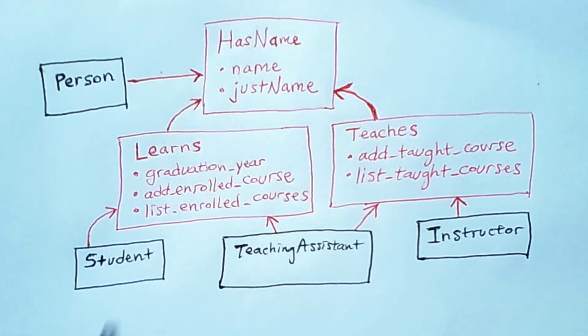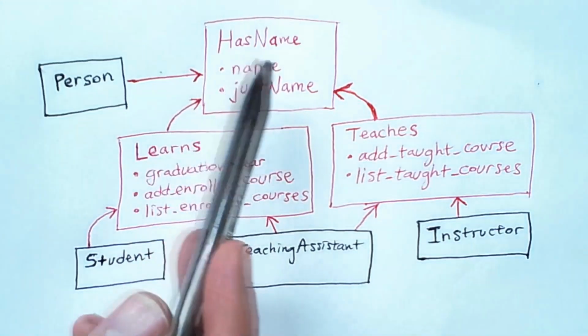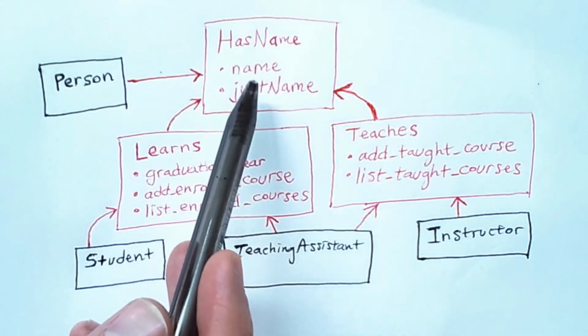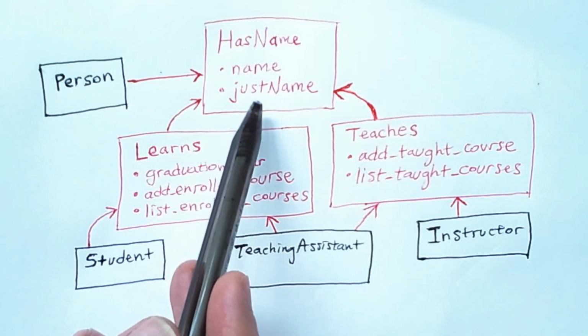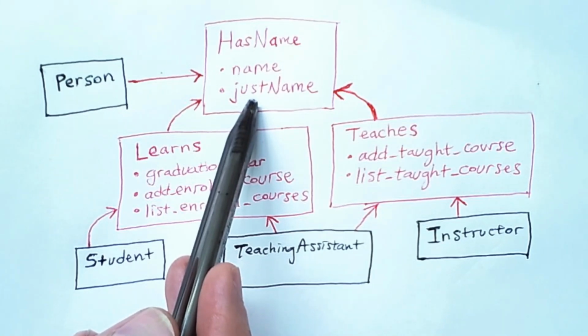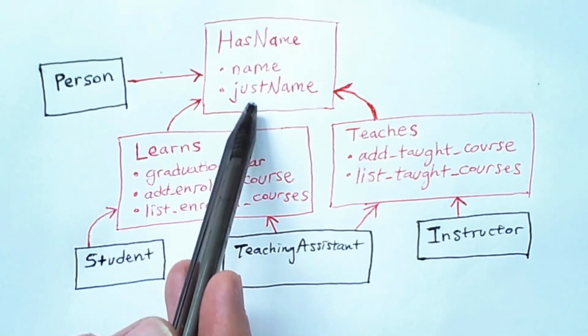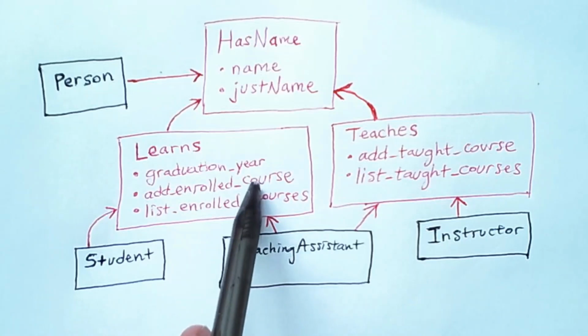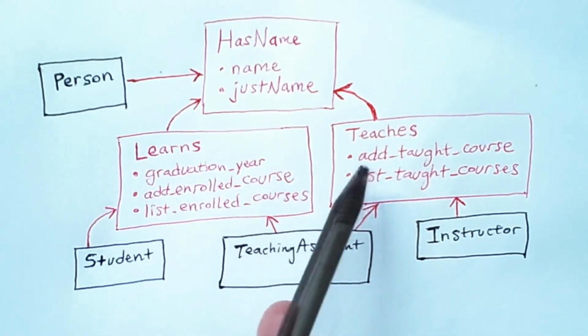So what we have is a module named HasName that has a method, name, and then another method, justName. This method will help make sure we are getting the correct version of the name we want as we override the name method in the Learns and Teaches modules.